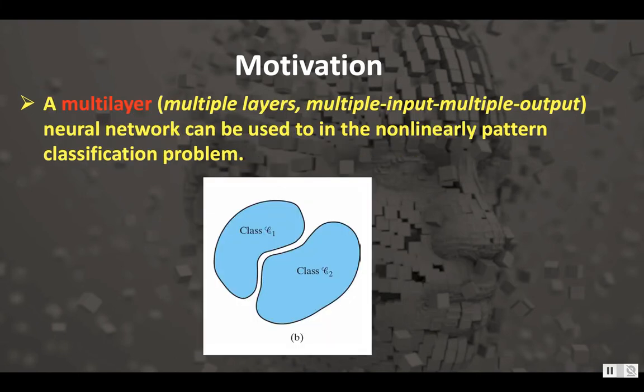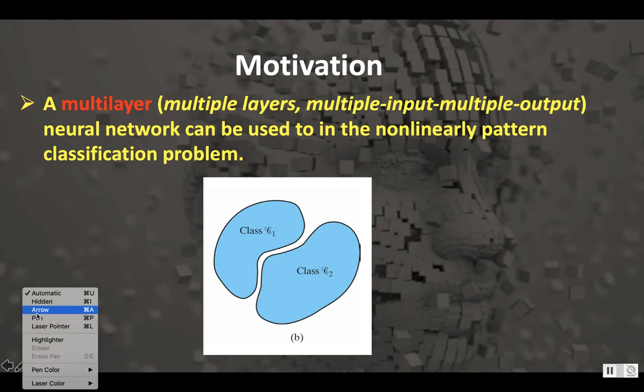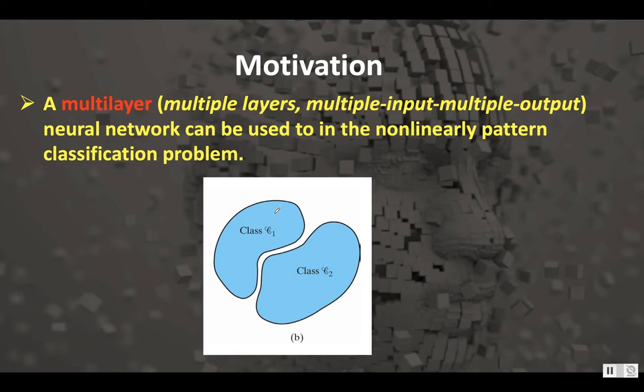So why do we need a multi-layer perceptron? Here is the issue. We have two classes, and again we try to solve the same problem with x1 and x2, but these two classes are not linearly separable. You can never draw a line to separate these two classes.